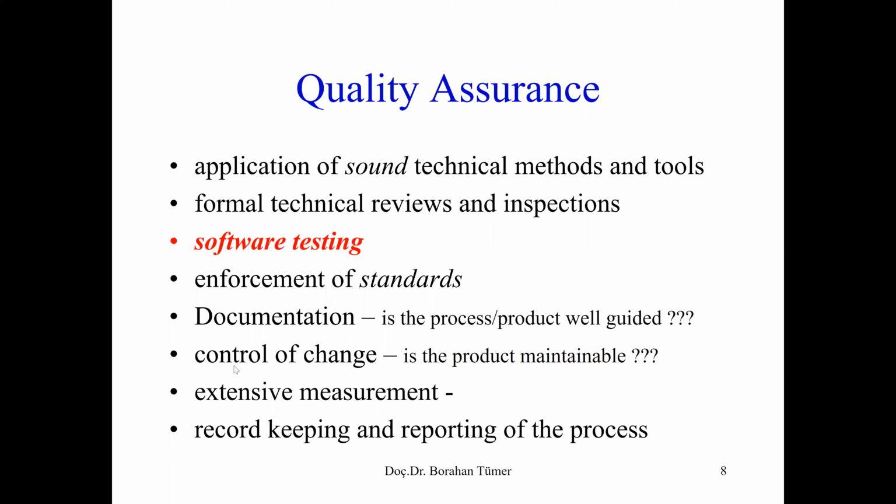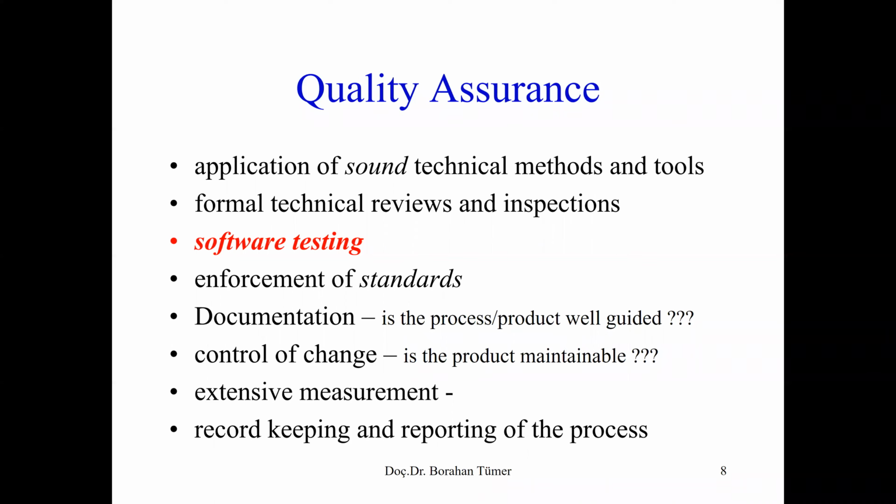Control of change is another important thing of quality assurance. How should we change the product whenever necessary? How should we debug it? How should we perform debugging sessions once we have tested the product?